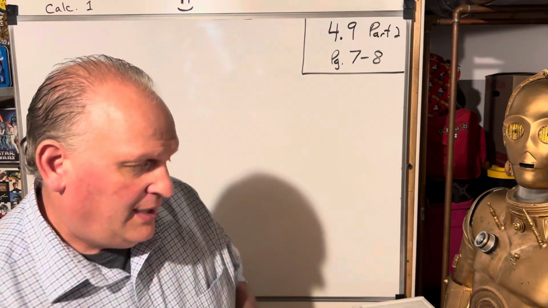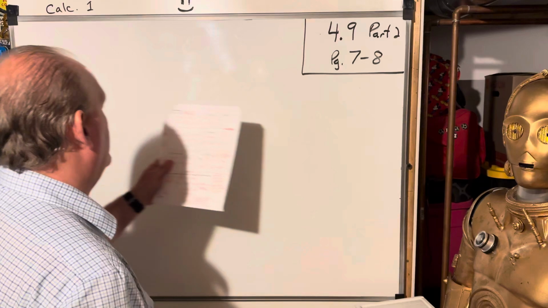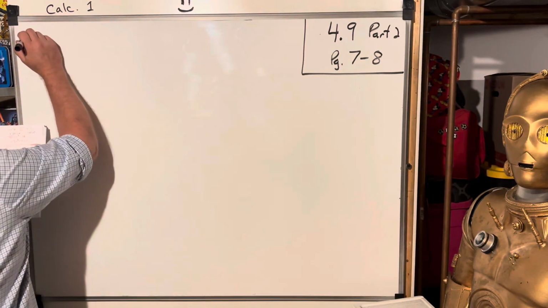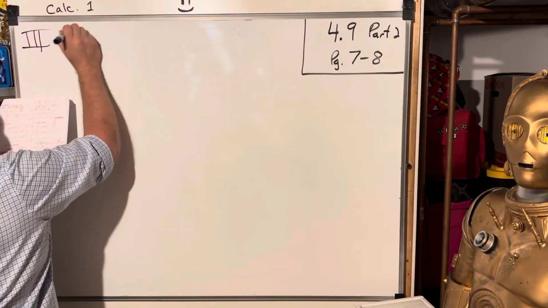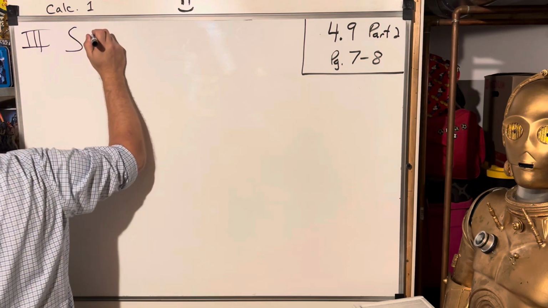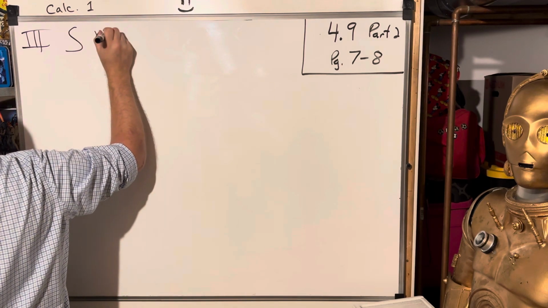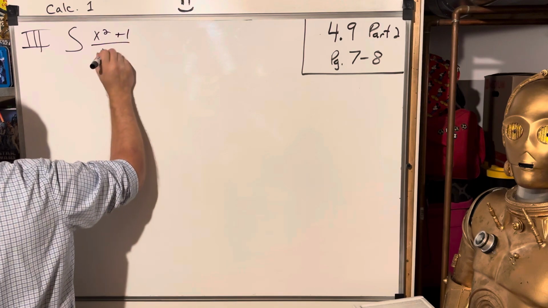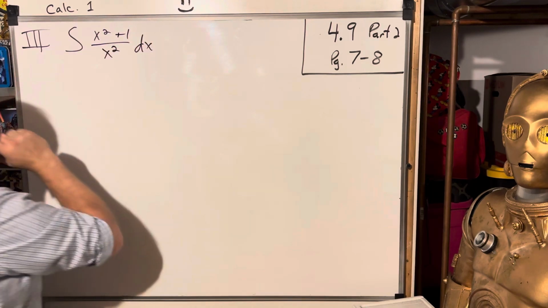We already did 1 and 2 on Part 1. And so here comes number 3. We are integrating. So remember, integrating is like finding the antiderivative: the integral of (x squared plus 1) over x squared dx.